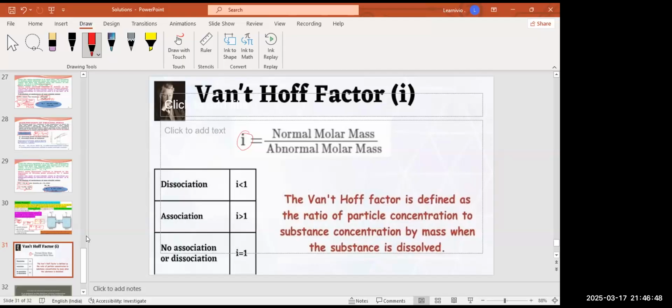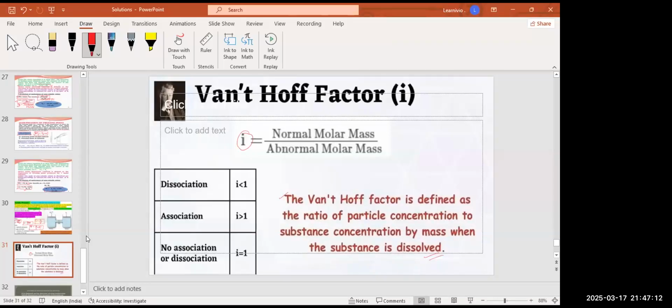Basically, it adjusts the calculated value of a colligative property. So how can we define the van't Hoff factor? Van't Hoff factor is defined as the ratio of particle concentration to substance concentration by mass when a substance is dissolved in a solution.